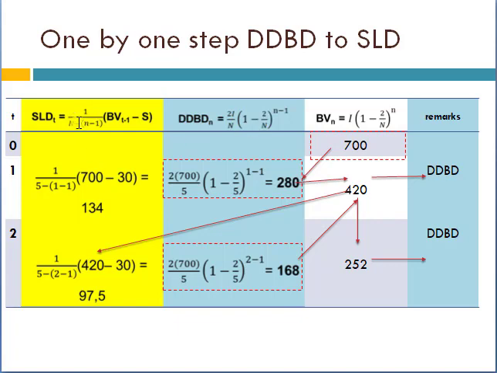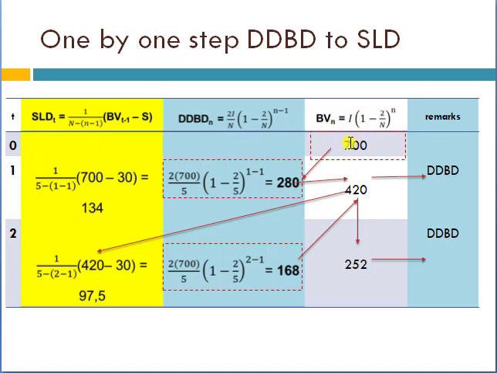I repeat again, just ignore the previous SLD formula and put in the newest formula, but for the special case, for example, if the book value is greater than the salvage value. The 0 period represents no depreciation, so put the book value as the first depreciation.